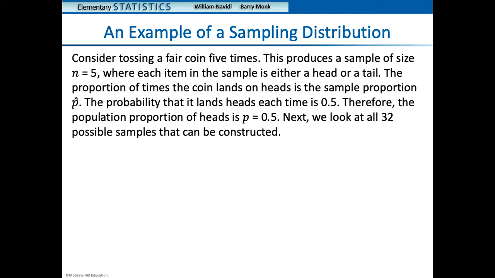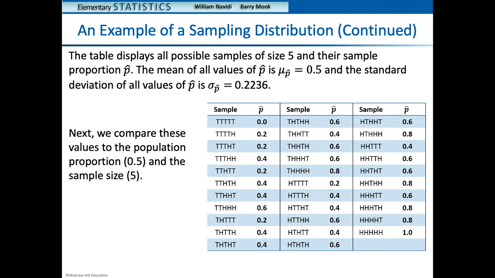But if we toss the coin 5 times, then there's a total of 32 possible combinations of heads and tails that you could obtain. And we'll treat these as 32 independent samples. So here's a comprehensive list of all the 32 possibilities.